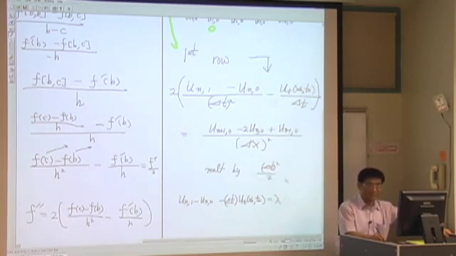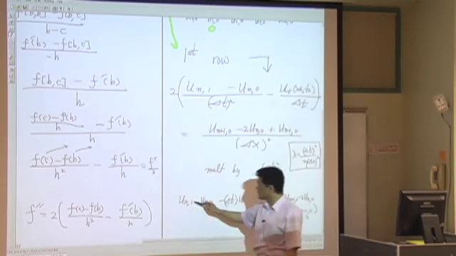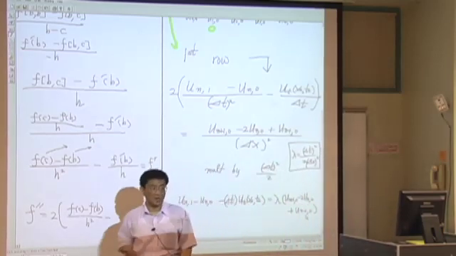Where lambda equals delta t squared over 2 delta x squared. I will define lambda here for convenience. And then u n plus 1, 0, u n 0, u n minus 1, 0. And you can simplify these things to write it in this form, right?